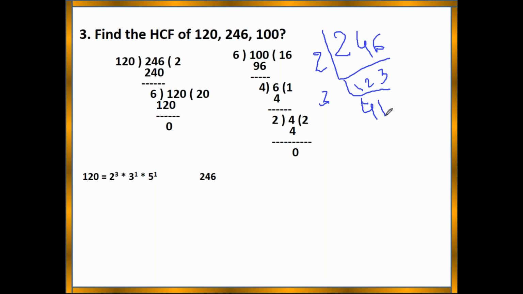So 41 is a prime number. We cannot divide it by any number. So 246 is 2 into 3 into 41, that is 2 power 1 into 3 power 1 into 41 power 1.